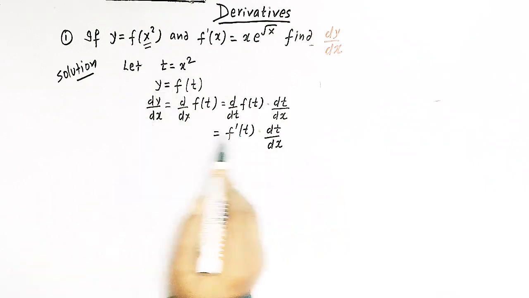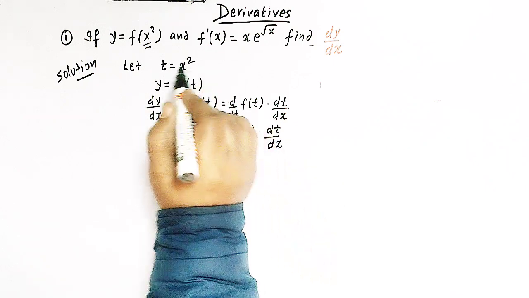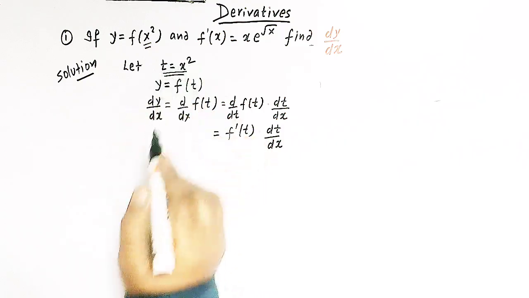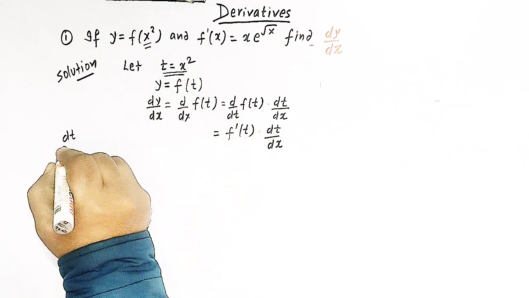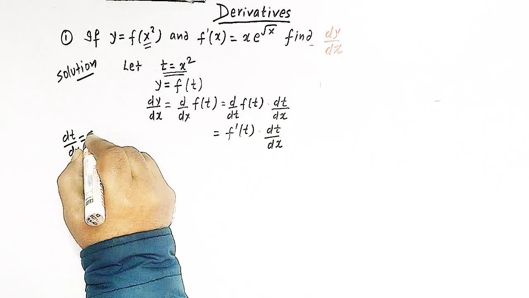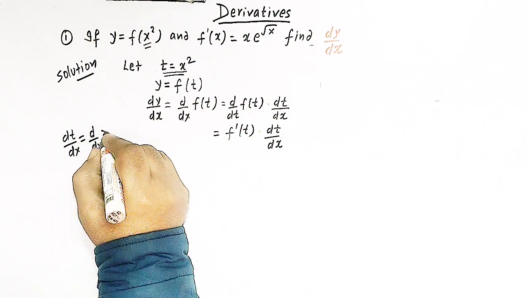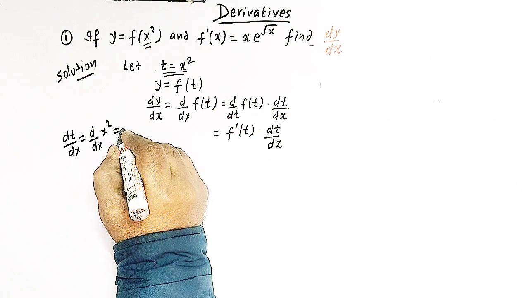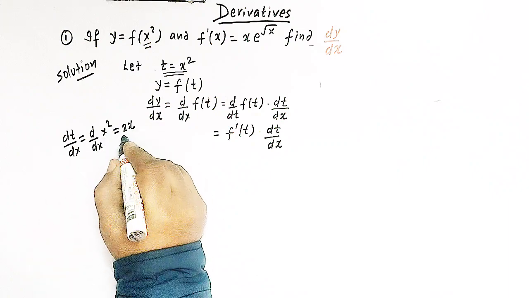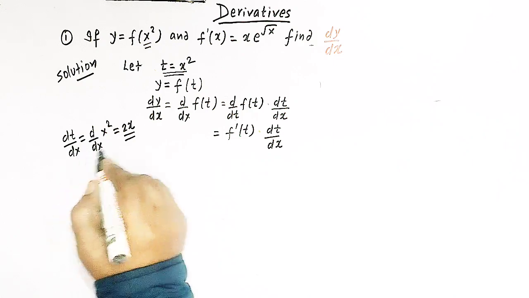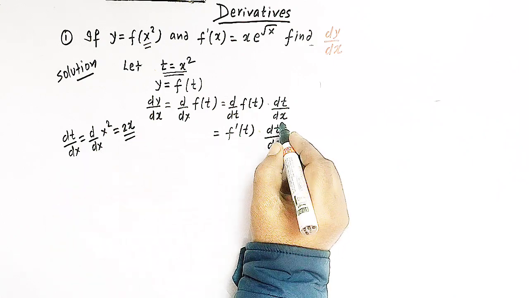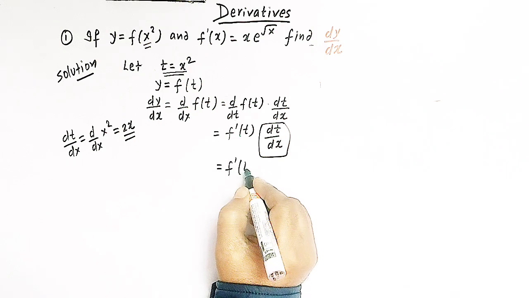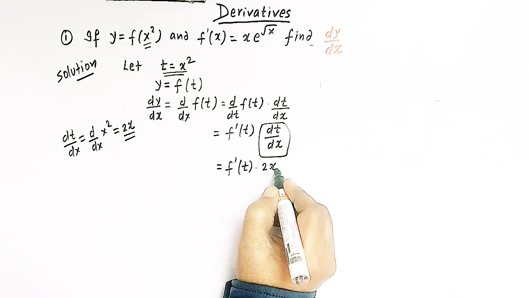Now to get the value of dt over dx, we'll differentiate here both sides with respect to x. So we have dt over dx is equal to d by dx of x square, and the derivative of x square with respect to x is 2x. So let us substitute dt over dx is equal to 2x over here. So we have f prime of t, and here we have 2x.